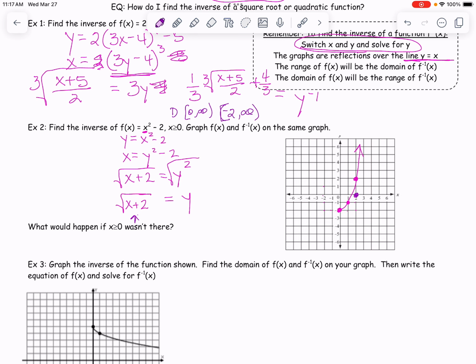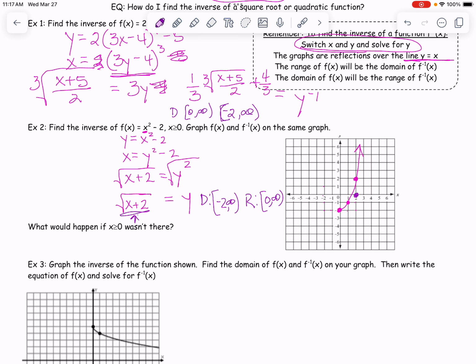Well, when you take the inverse, the domain of your original is going to become the range of your new one. So that means that my range is going to be from 0 to positive infinity, and my domain for my inverse is going to be from -2 to infinity.